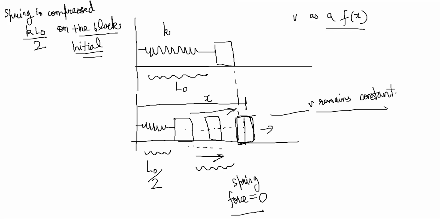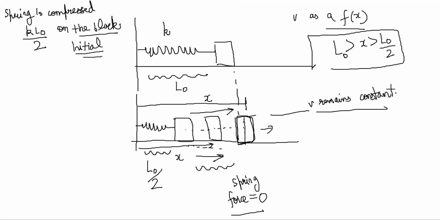That is not difficult. So let's think about this distance being x. Obviously, x is greater than L naught by 2 and less than this. This is the situation. So work done by spring force. Is there any other force doing work? Gravity cannot do work in this case.